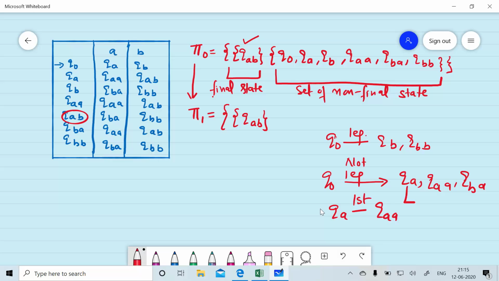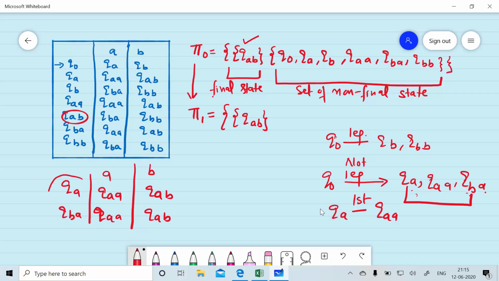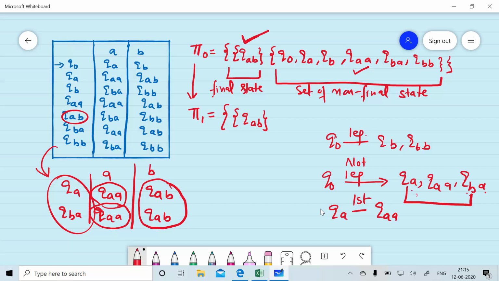Now we will check QA with QBA. These two rows we had taken from this table. Under A, both are moving to QAA. QAA belongs to one set, so they are one equivalent under A. Under B, both are QAB. QAB is presenting in this set, so they are behaving similarly under B also. So we can say QA and QBA are also one equivalent.